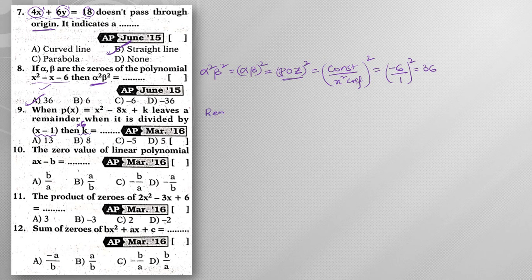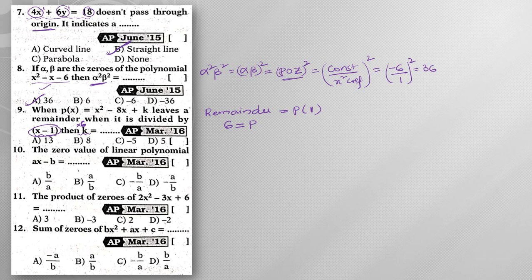What is the formula for remainder using the remainder theorem? The remainder is nothing but p of x. Here the given remainder is 6. So 6 is equal to, what should I replace in the place of x? In the place of x I should replace 1, right?